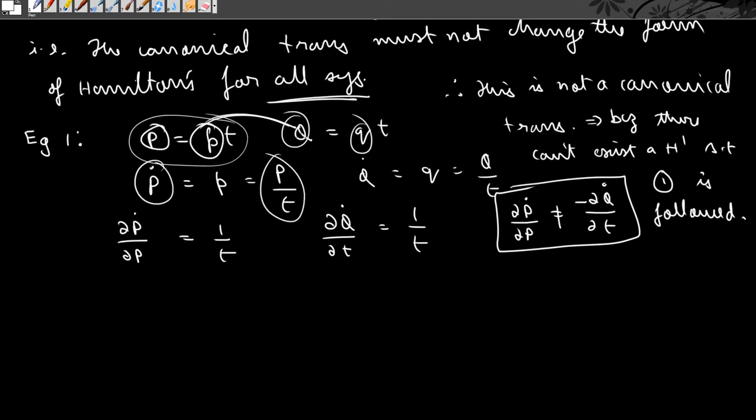So it is still possible to get the equations of motion, but the catch is that we cannot use Hamilton's equations to find them. We have to use some other kind of transformations, but we cannot use the Hamiltonian formulation. Okay, so let's write that down.